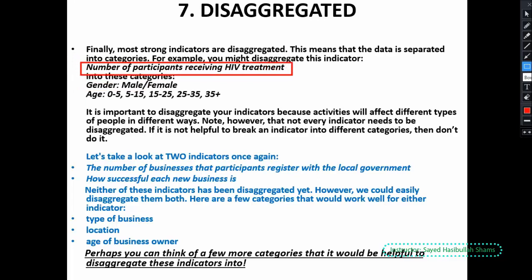We can separate these indicators by different categories, for example, by gender, male and female, and by different age groups. So this is a strong indicator: an indicator separated by different groups is called a strong indicator.